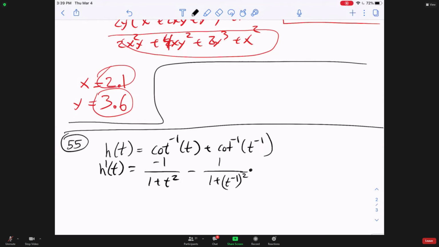What's the derivative of t to the minus 1? Negative 1 t to the minus 2. So we've got negative 1 over 1 plus t squared. This is going to be a double minus up top, a minus, a minus. So it's going to be plus t to the minus 2 over 1 plus t to the minus 2.